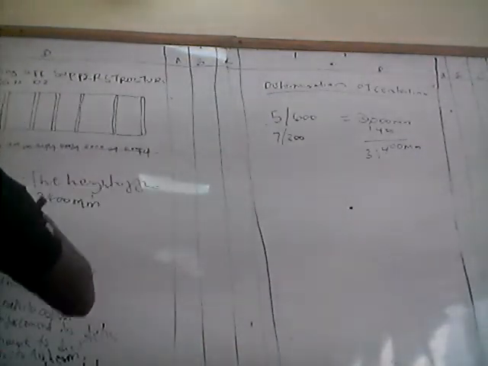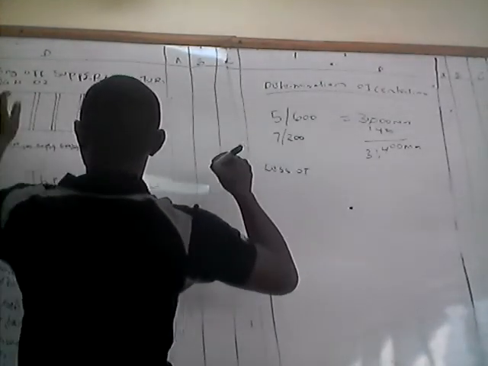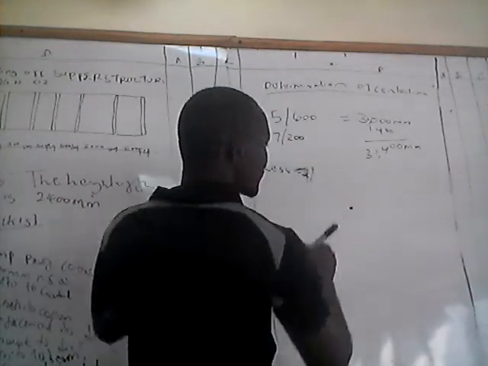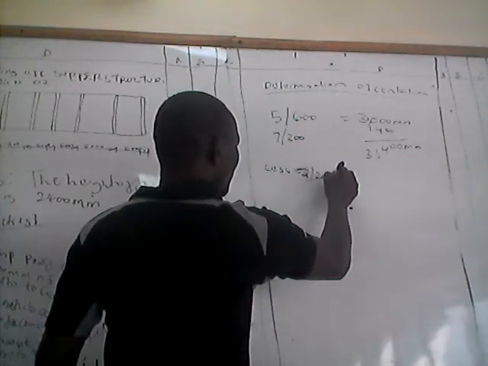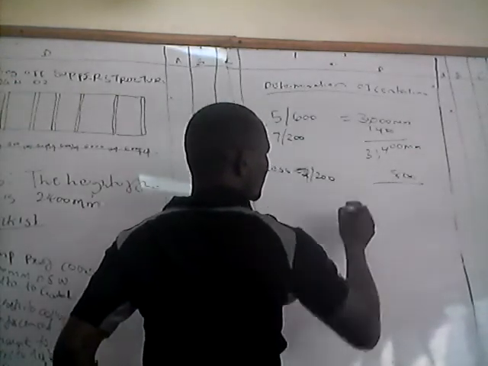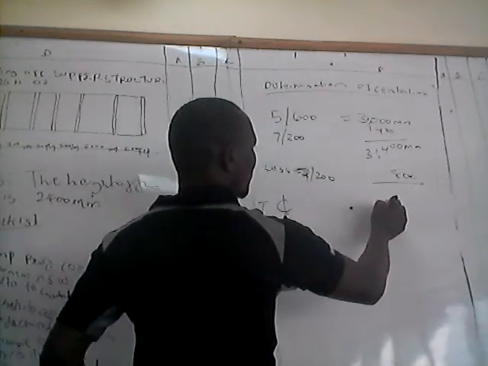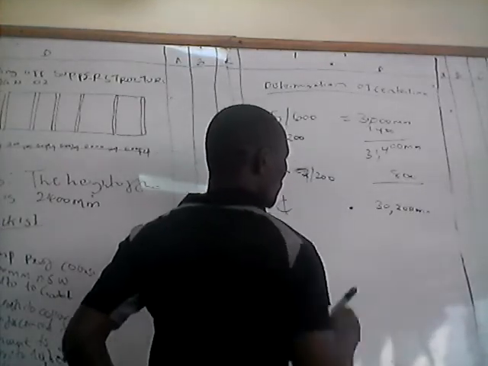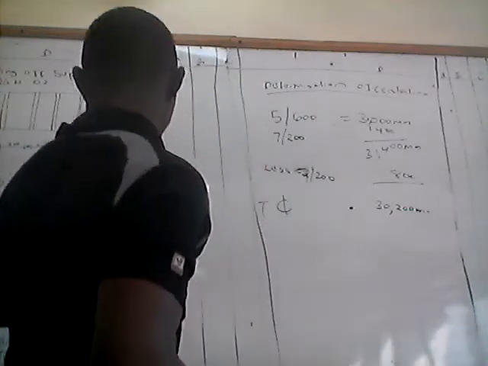Then we deduct, say less 4 corners, times 200 millimeters wall, giving us 800. Now say total center line, which gives us 30,600 millimeters. So this is the length that we have to measure for the damp proof course.